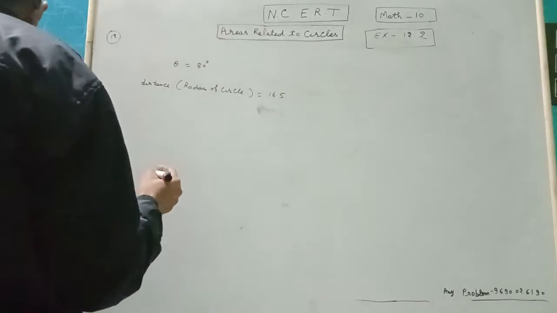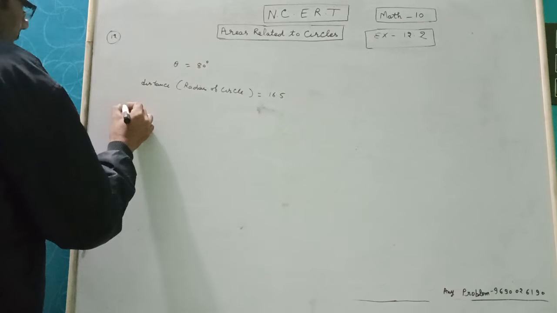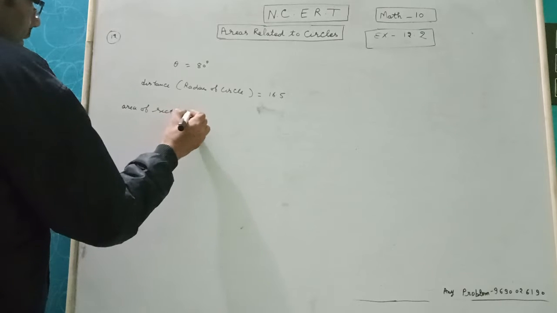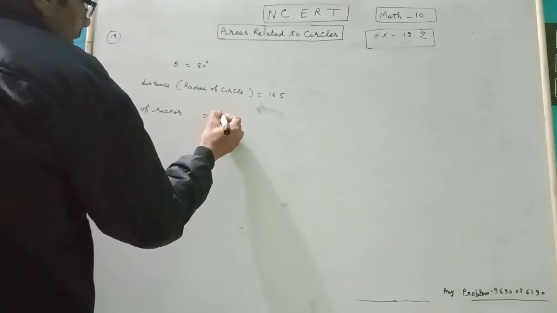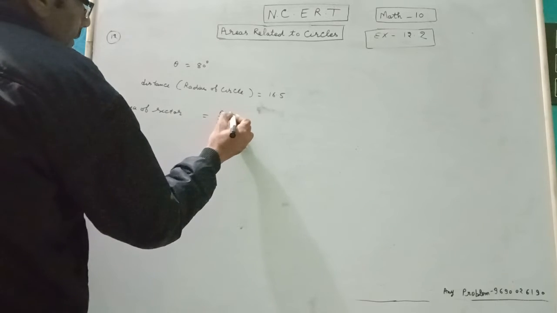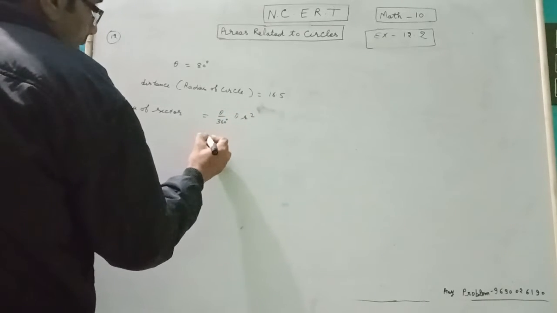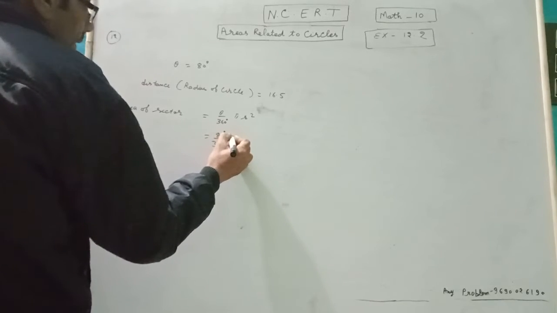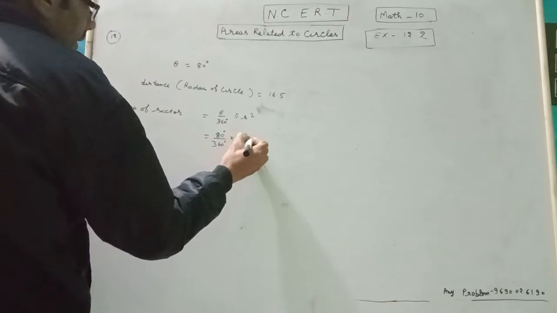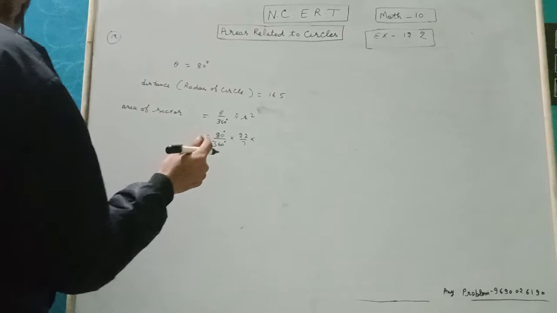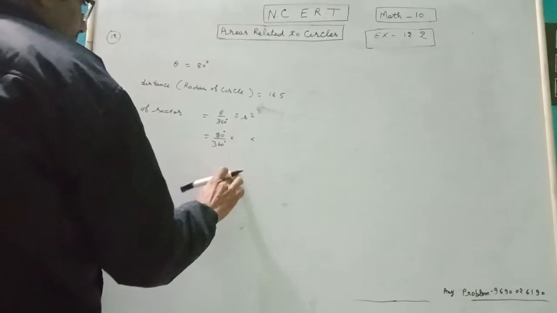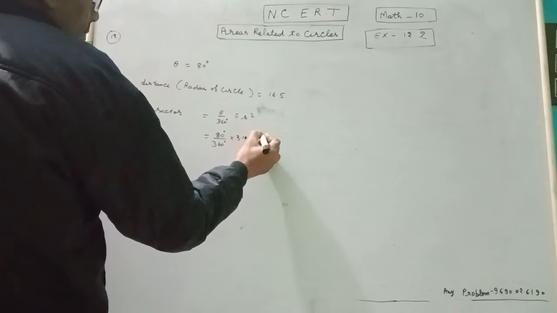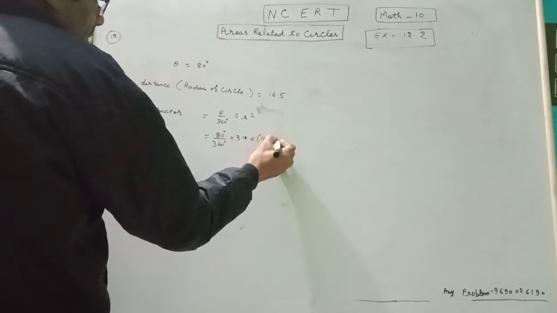Find the area of the sector, which is equal to theta upon 360 pi r square. Theta value is 80 upon 360, pi value is 22 upon 7 and r value is 16.5.